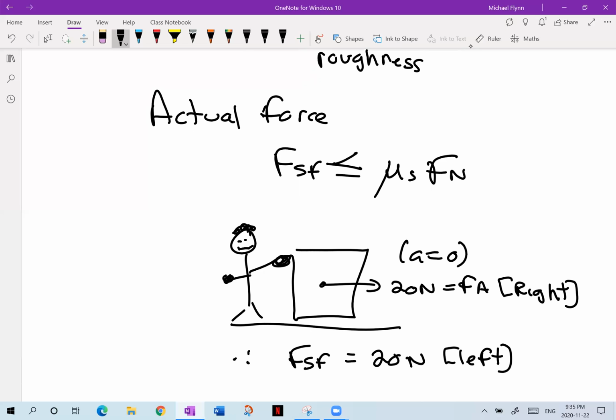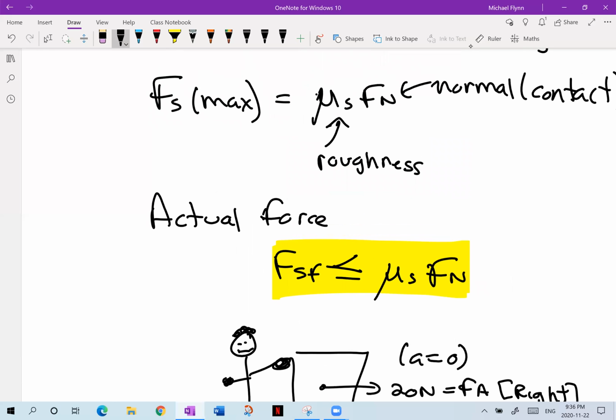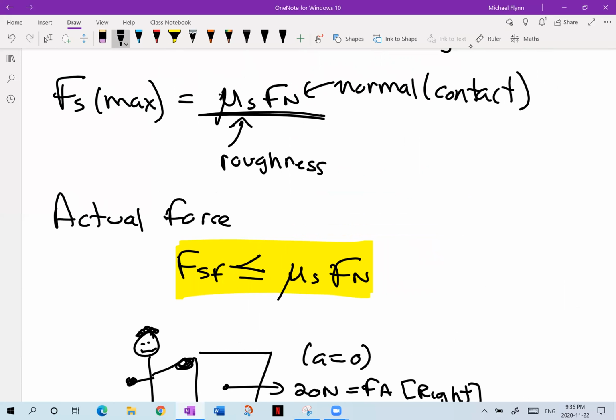And how do we know that? Because we know the net force has to be 0. Now, notice I did not use this formula when finding that answer. In other words, the force of static friction often just matches whatever the applied force is. What this formula tells you is the maximum force it could be until it'll just start to slip.